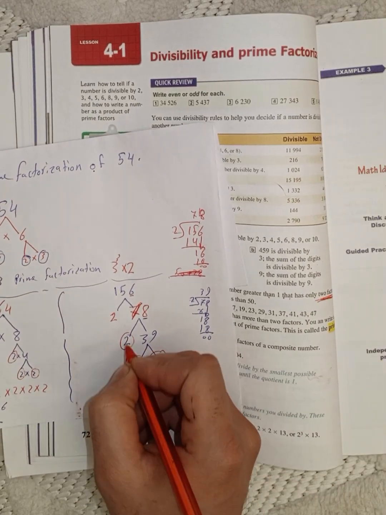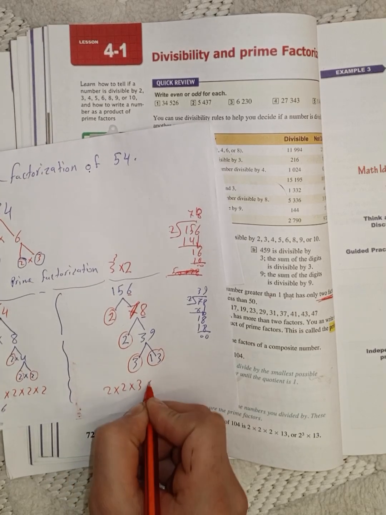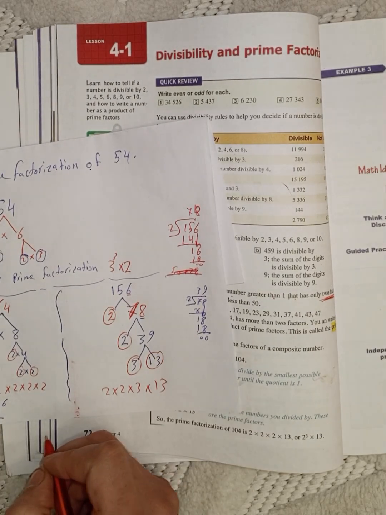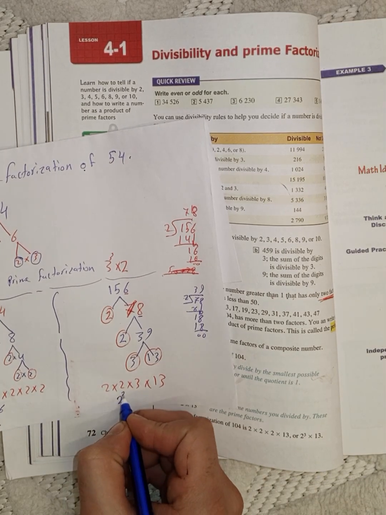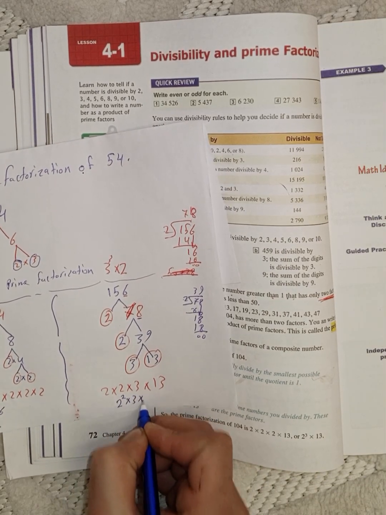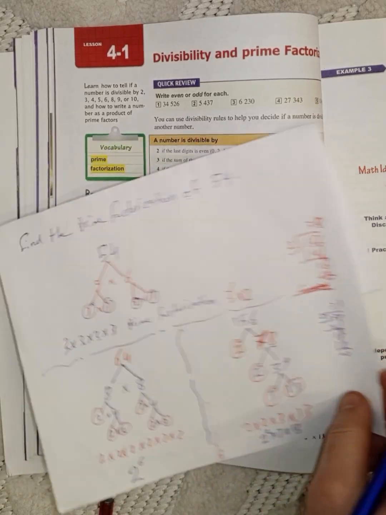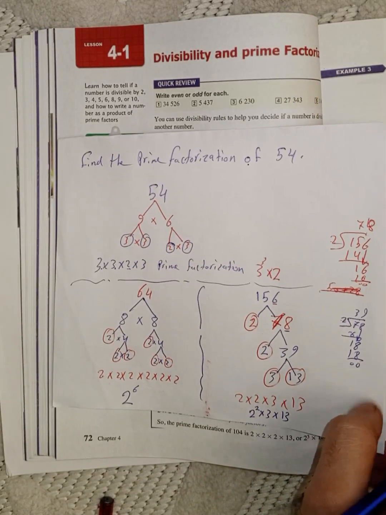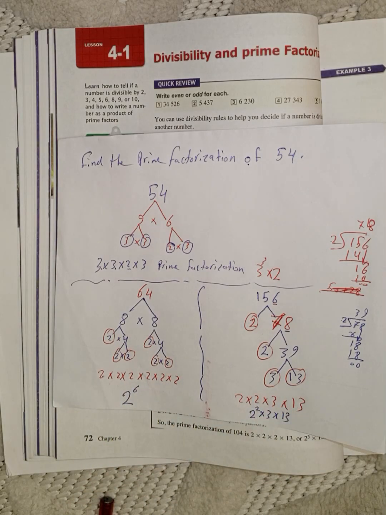So 2 times 2 times 3 times 13. We can write 2 to the power of 2 times 3 times 13. This one is called prime factorization by using the 3 factors. Okay, that's it.